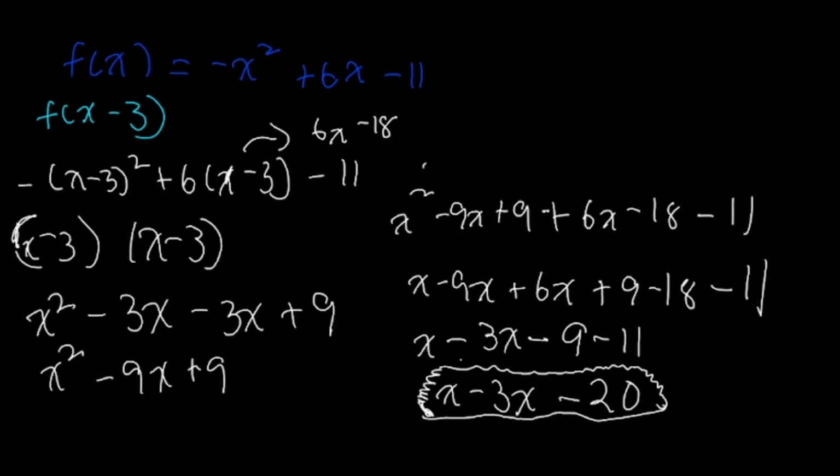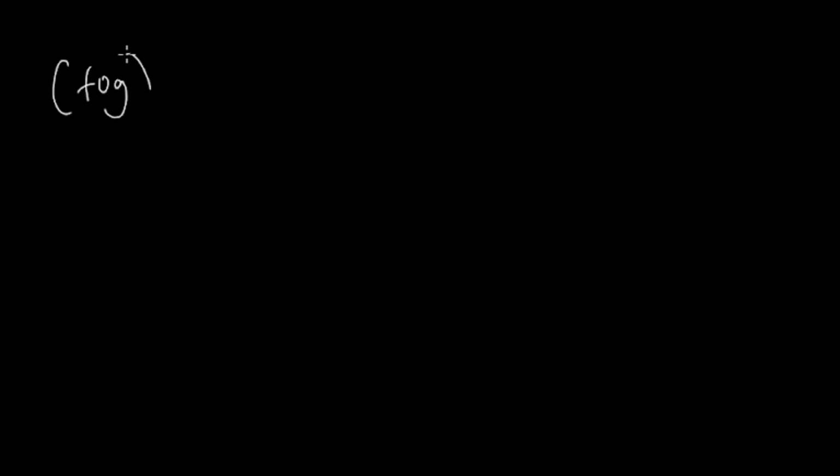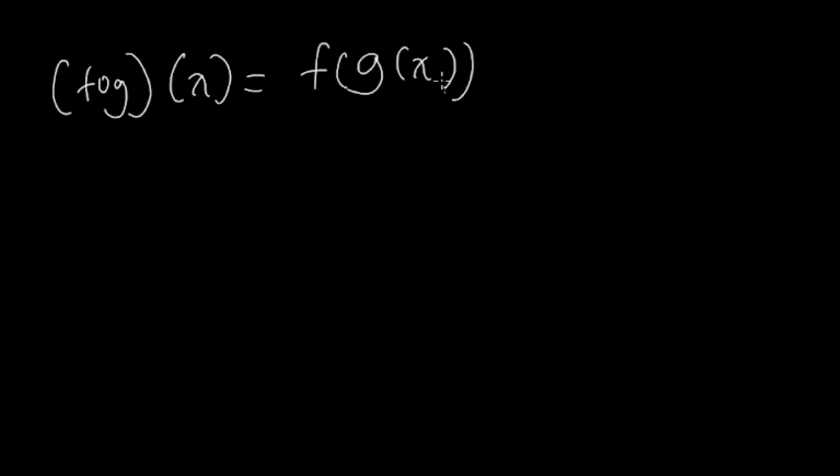Now we can move on to composite functions. Composite functions, fun fact, are not really a fun fact. They are also at times referred to as function composition. And this is how they normally look. It's the same as f of g of x.